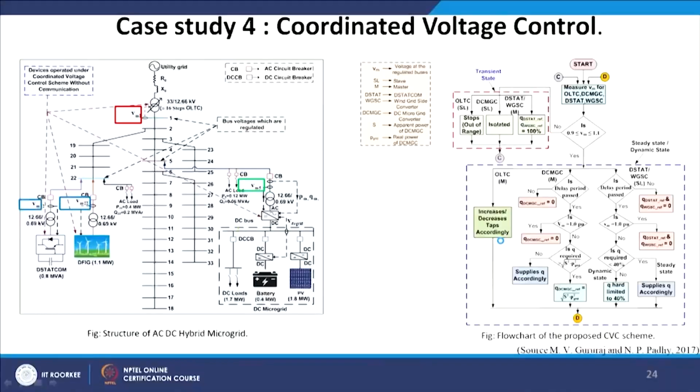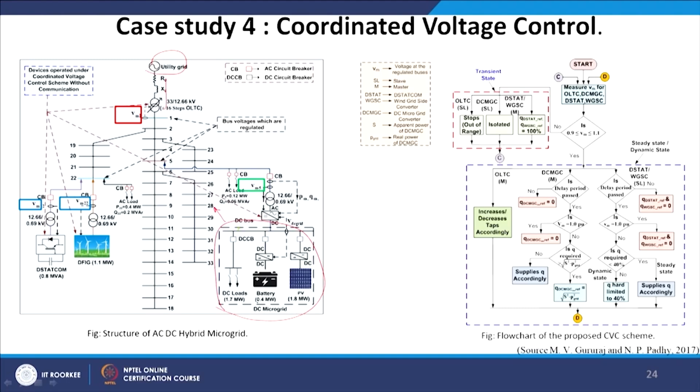We have also performed a couple of case studies on coordinated voltage control, in which we had the utility grid. Then we have taken a distribution system of 33 buses, and you can see the DC microgrid which has been interfaced to an IEEE distribution system and connected to my utility.